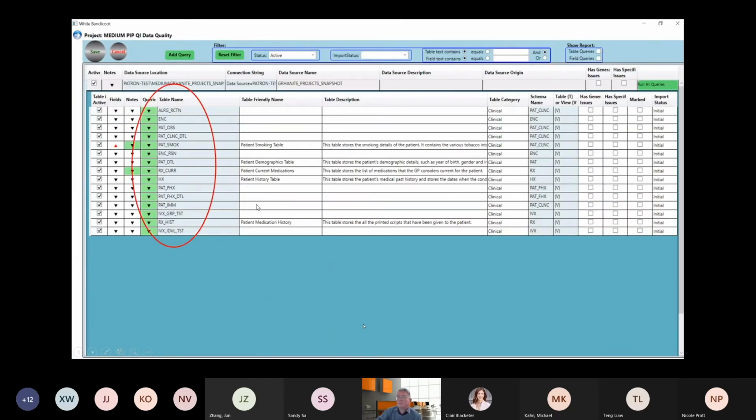So here what we're doing is looking at the data at the table level. What's happened here is White Bandicoot has scanned the schemas and automatically populated all the table names. And what's happening here is a researcher then is going in and manually annotating the additional metadata and the table descriptions.